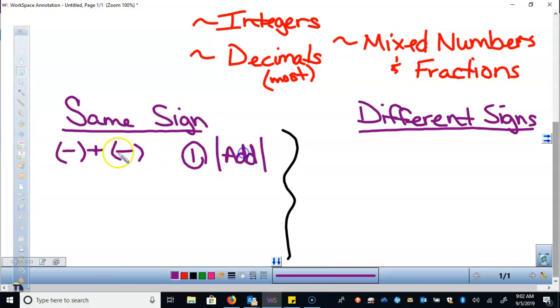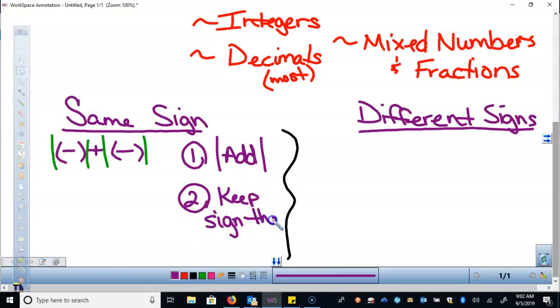So we're going to find the absolute values of these numbers, and then we're going to add those together. Our second step is to keep the sign the same. So if we started with negative numbers, our answer is going to be a negative number.